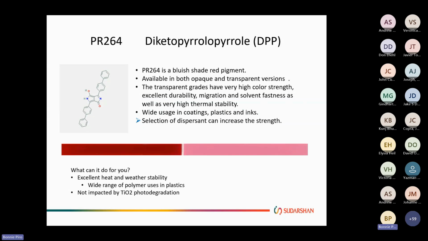As a formulator, one of the things it can do for you is that this is not one of those organic reds that is impacted by TiO2, so it has great usage from a weathering perspective. The high heat stability makes it valuable for plastics as well.